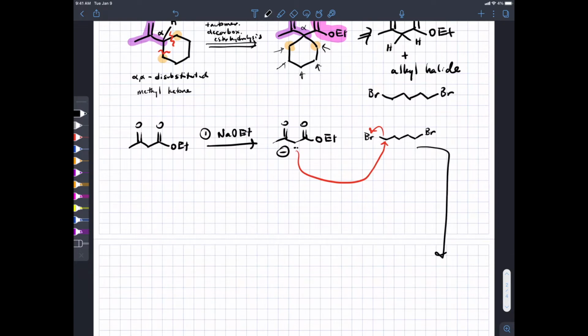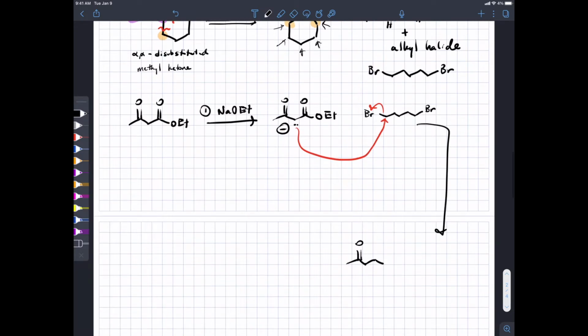And that would get us to the monoalkylated product. 1, 2, 3, 4, 5. So at this stage, I'm going to label the various parts of our molecule.